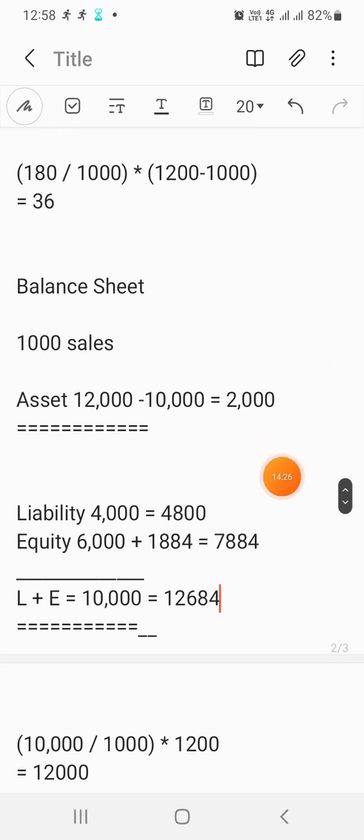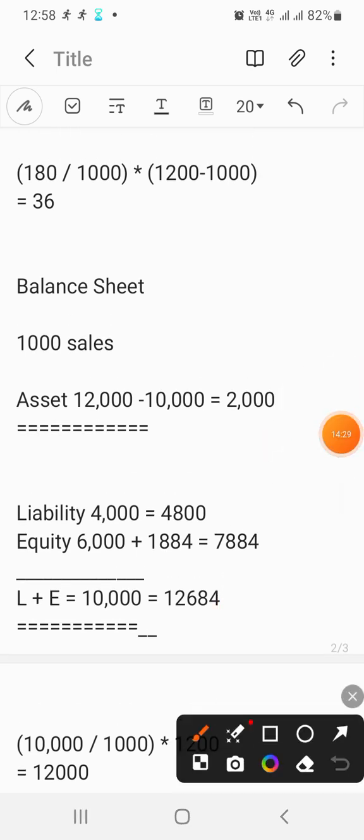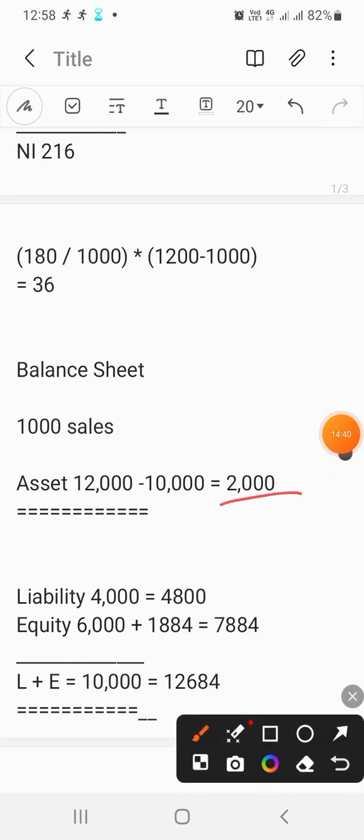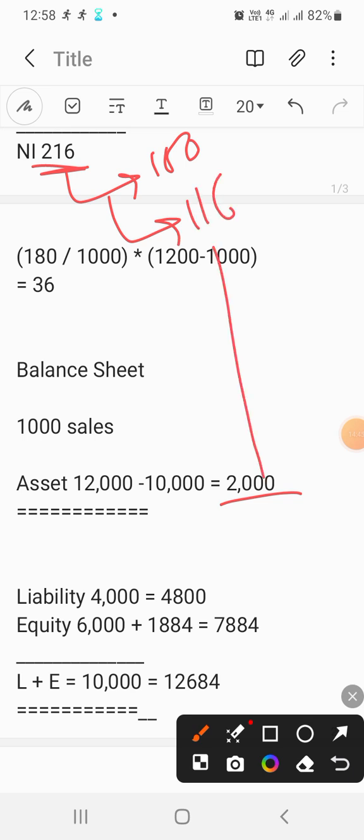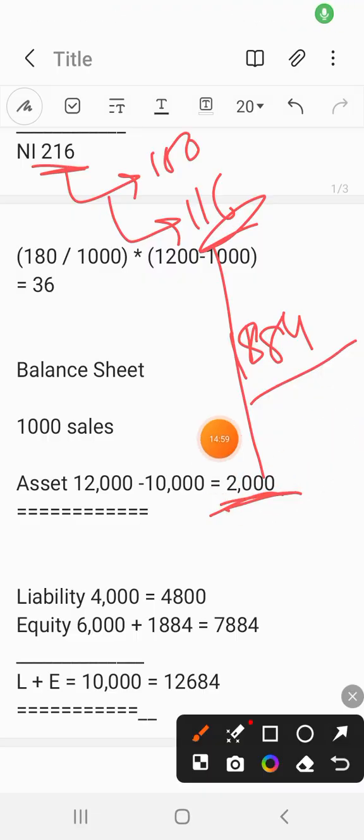However, what we are seeing here is that we saw before that we need 2,000 additional assets, but we have also seen that my net income was 216. I have paid a dividend of 100 from here, and I retained 116. That means I already have 116 of the 2,000 requirement. That means I still need 1884.